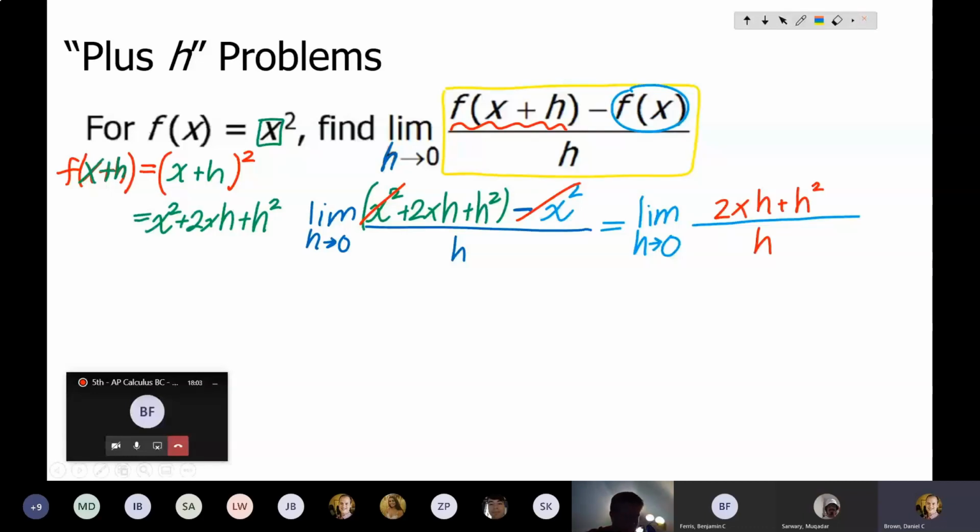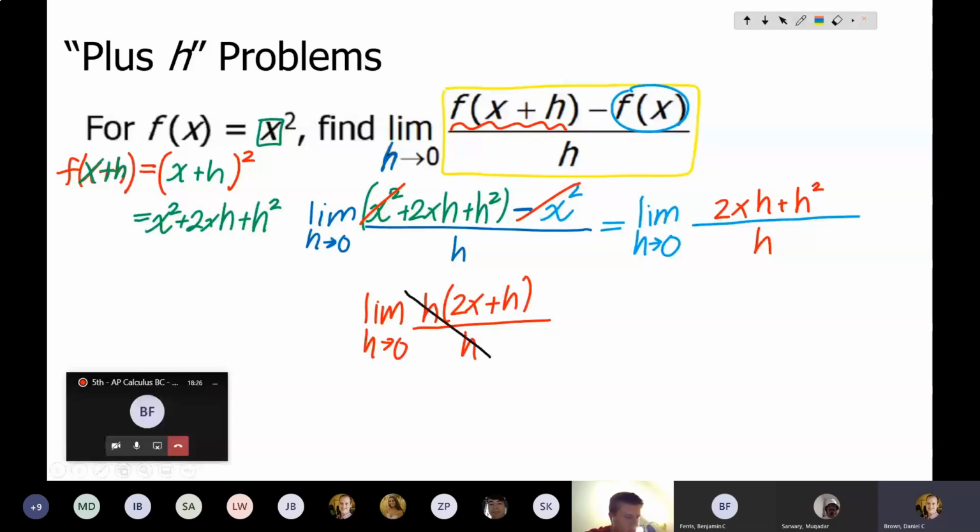What can I do next? Take out an h from the top and then divide by h. So I have 2x plus h all over h. Those h's now cancel, so we should have solved the issue of getting a 0 over 0.